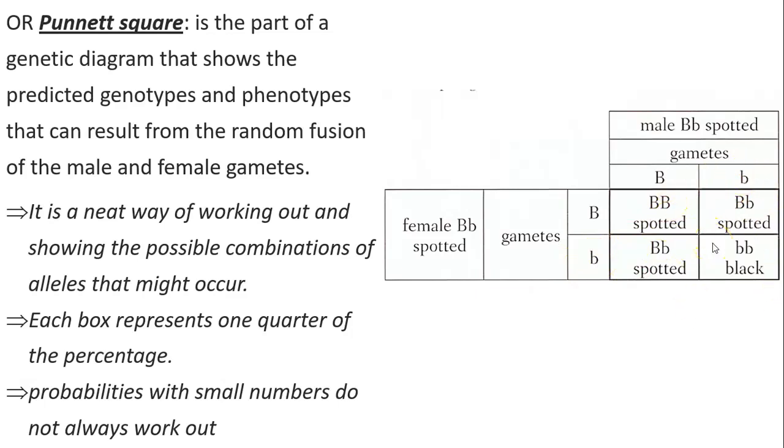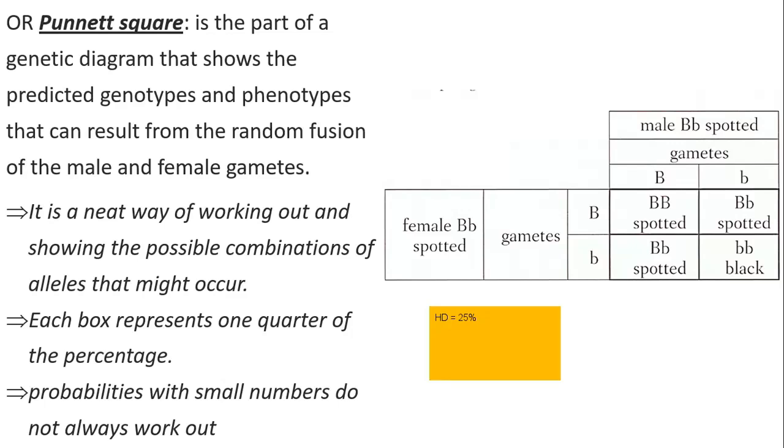So let's do the percentages. The genotypic percentages will be 1 homozygous dominant, which holds 25%. So now the homozygous dominant will be equal to 25% of the offspring. What about the heterozygous here?